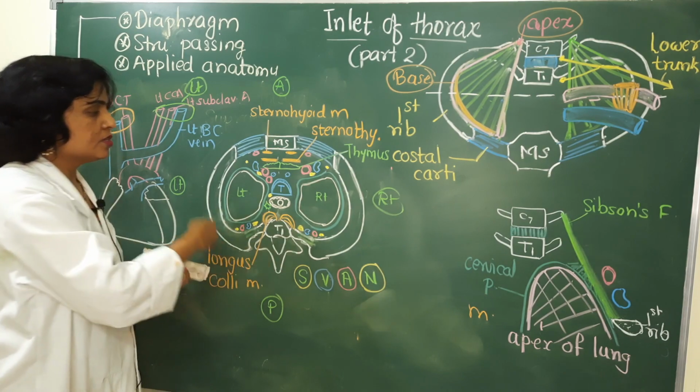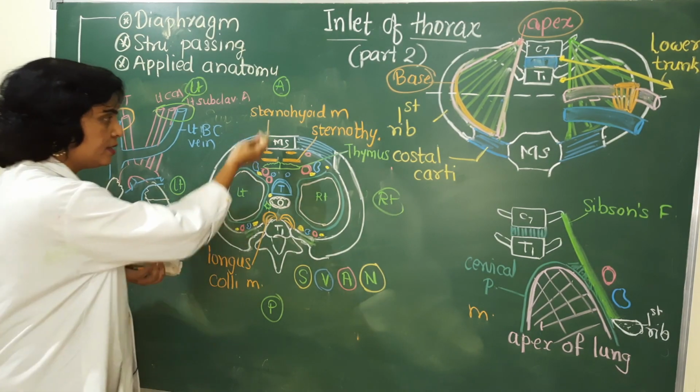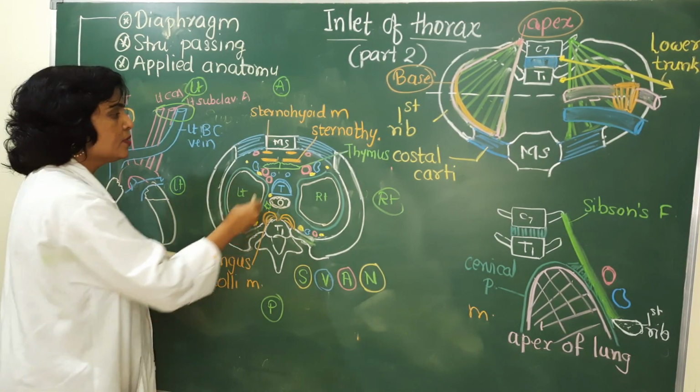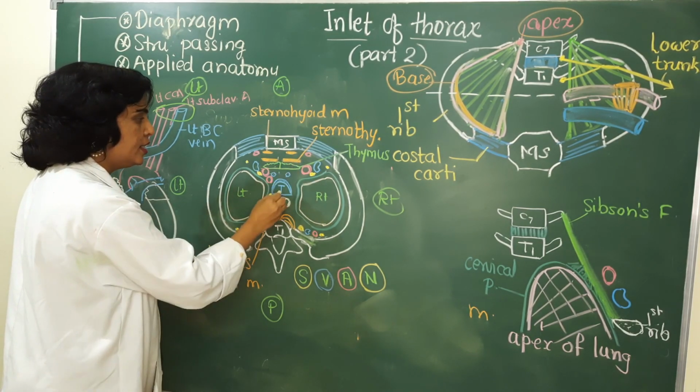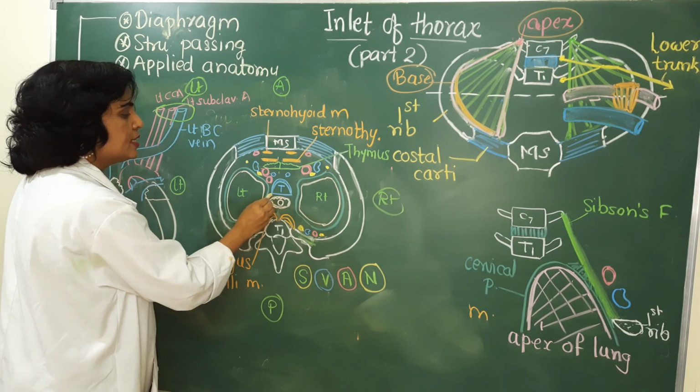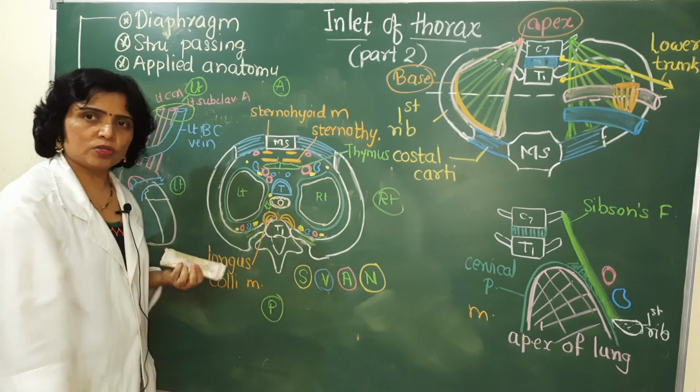So these are the structures passing through the inlet of thorax. To revise the structures in the midline, they are sternohyoid, sternothyroid, remains of thymus, inferior thyroid vein, then trachea, esophagus, left recurrent laryngeal nerve, and the longus colli muscle.